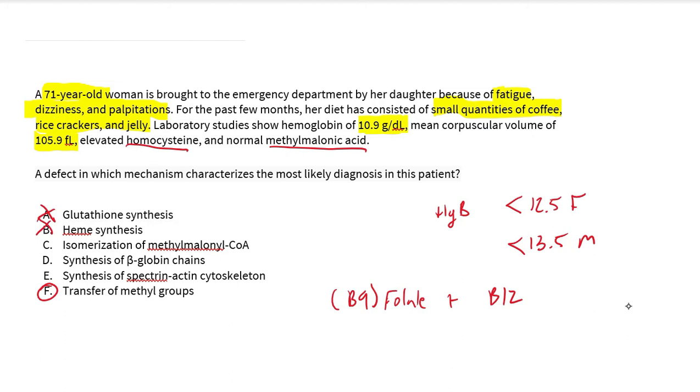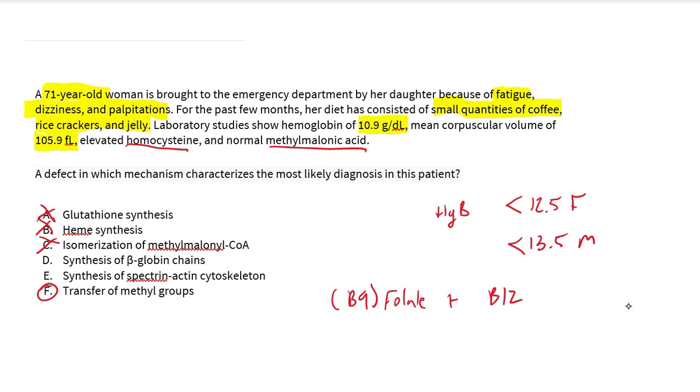C, isomerization of methylmalonyl-CoA. If we remember, the isomerization of methylmalonyl-CoA into the Krebs cycle requires vitamin B12, and this patient does not have a vitamin B12 deficiency. So even though they have a macrocytic anemia, this is not the correct answer. D, synthesis of beta globin chains.